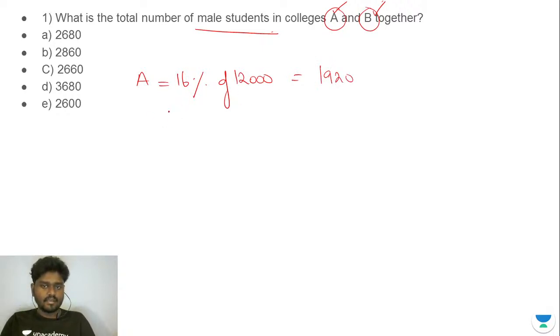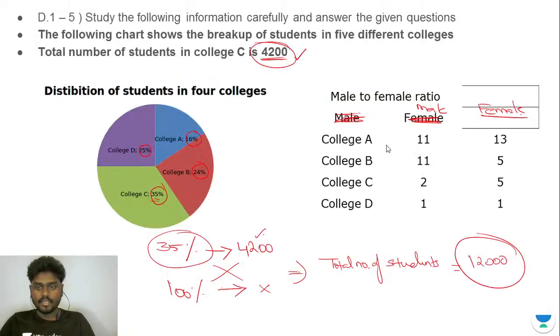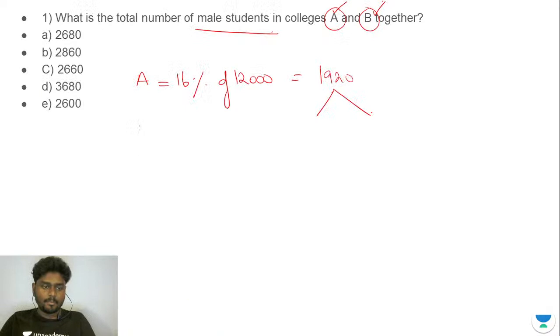You know that out of 1,920, the ratio of male to female in college A is 11:13. If you want to find how many are male, what is the total ratio? First of all, 11 plus 13 gives you 24. So out of 24 parts, 11 parts are male, right?